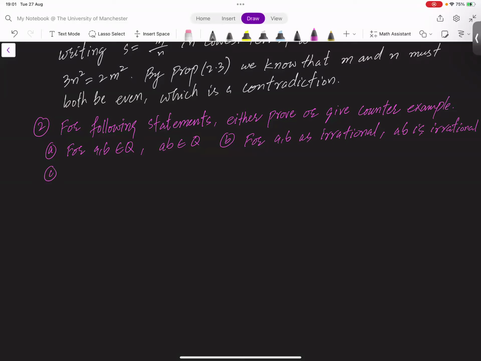C is the product of two rationals is always rational.